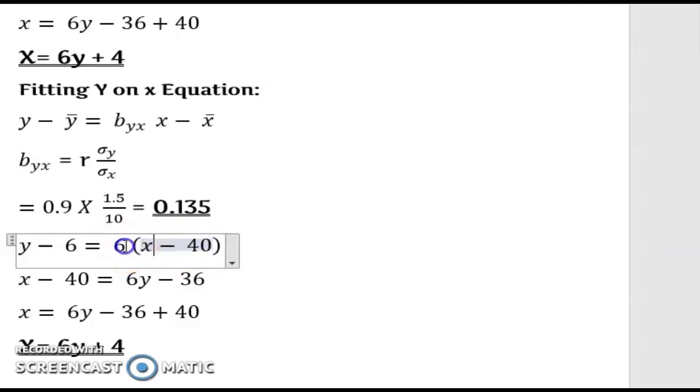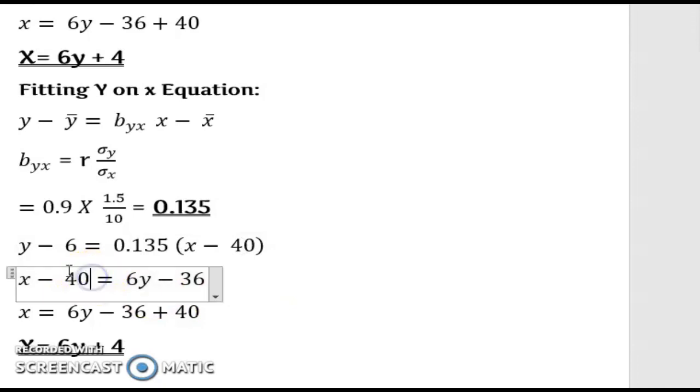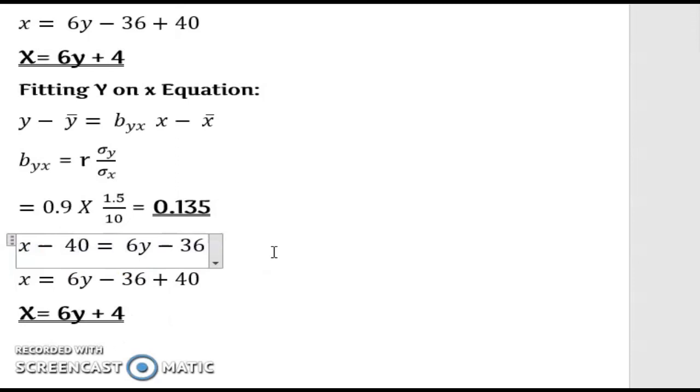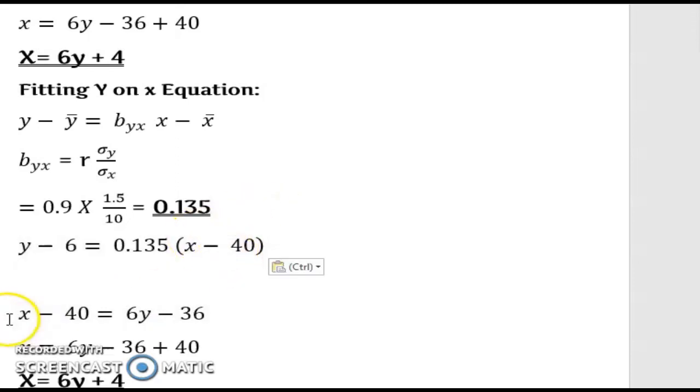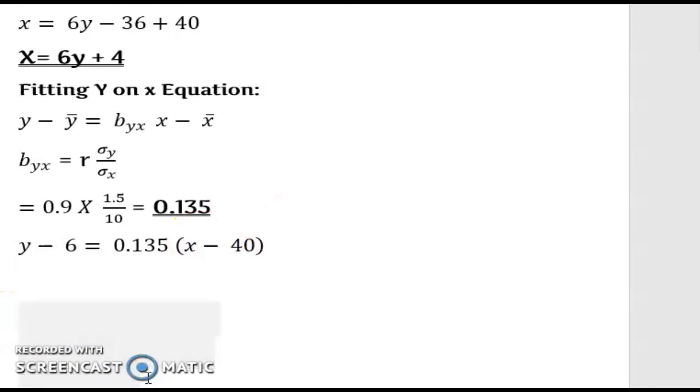So our b of yx value is 0.135, right? Next we will be multiplying. I'll take this here, control X, sorry, control V. I'll delete this because we'll proceed with our computation. So this is our value after substitution.